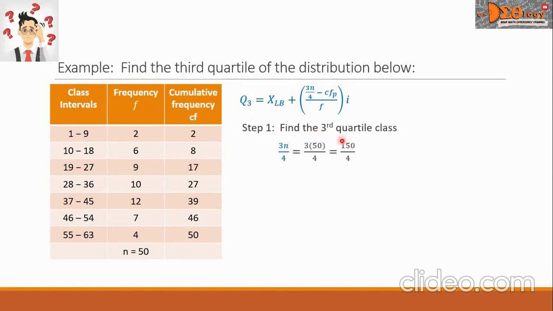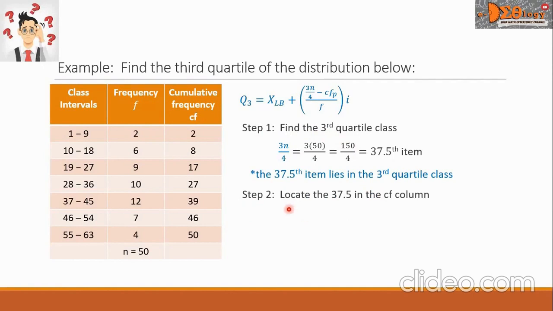The product is 150, and this is now divided by 4, so we have 37.5. We are looking for this 37.5 item. We say that this 37.5 item lies in the third quartile class.